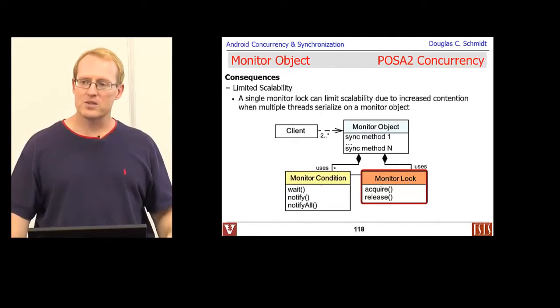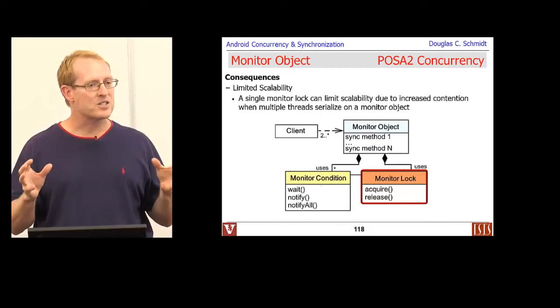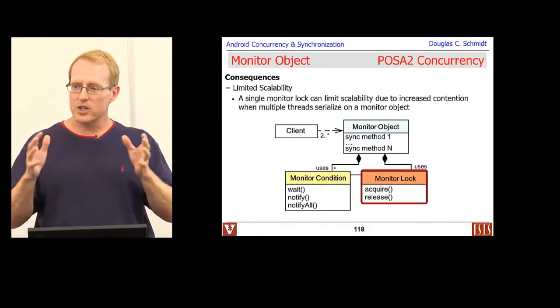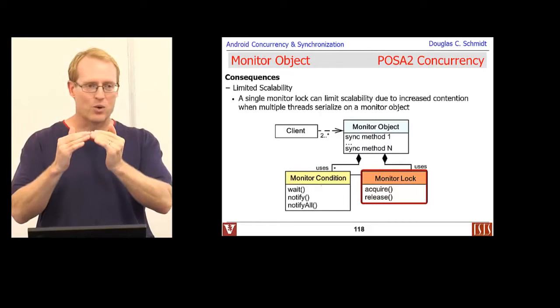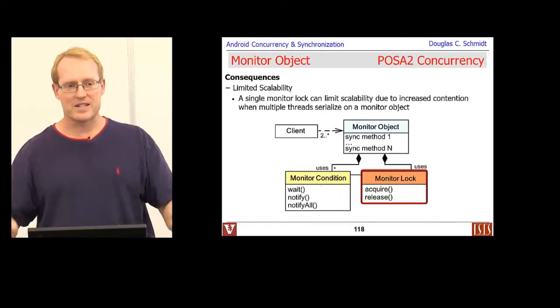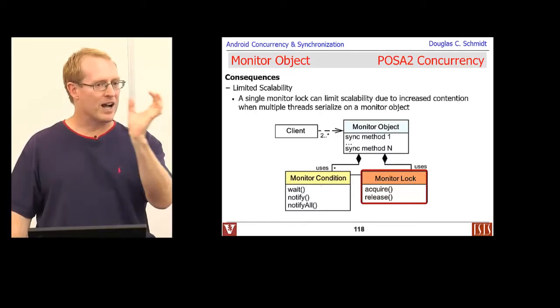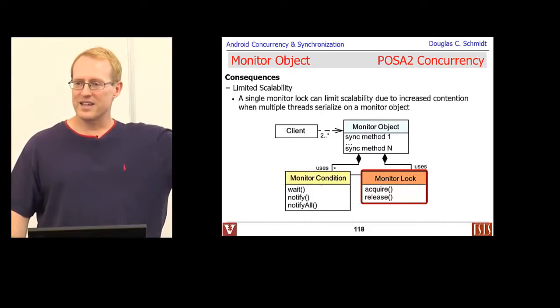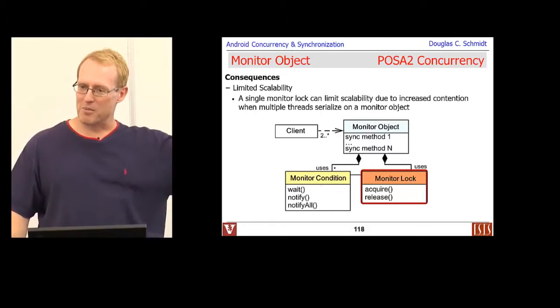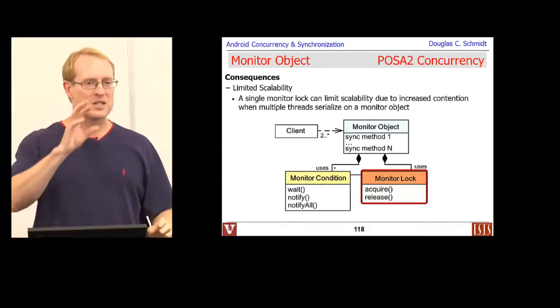So one thing to do is use a more scalable locking mechanism. Another thing to do is take advantage of the data itself in order to partition the search space, so you don't have all the threads descending on one lock. As a simple-minded example, you could have a monitor object for every letter in the dictionary. All the A's would have a monitor lock, all the B's would have a monitor lock, all the C's would have a monitor lock.